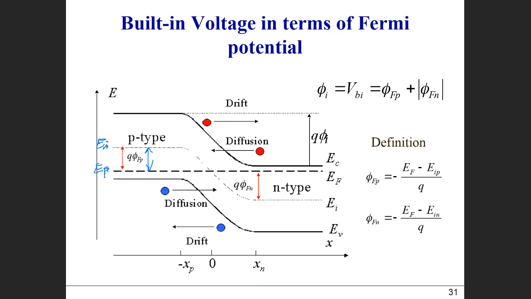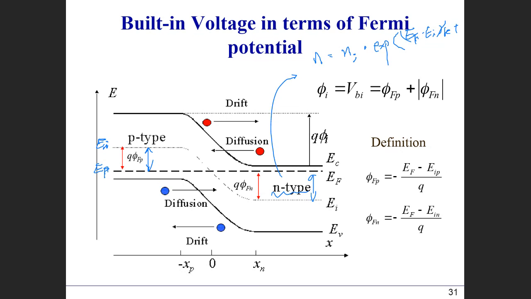Similarly, if you look at the N side, EF minus EI represents the number of electrons. You can calculate the number of electrons from ni multiplied by the exponential of (EF minus EI) over kT.